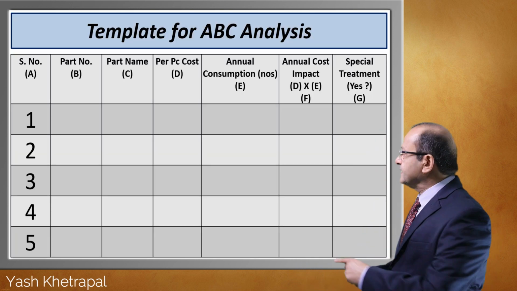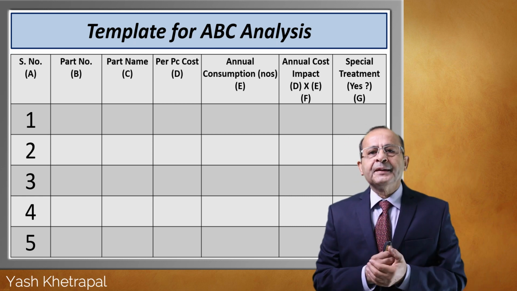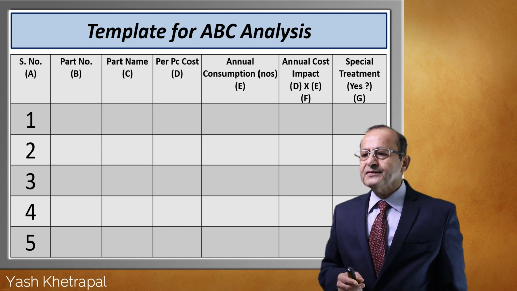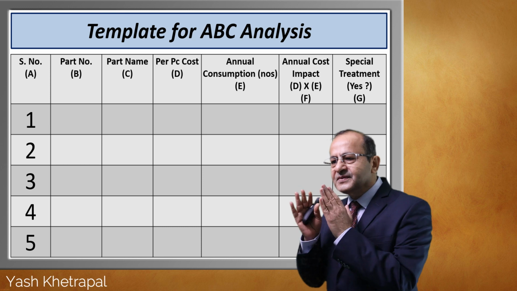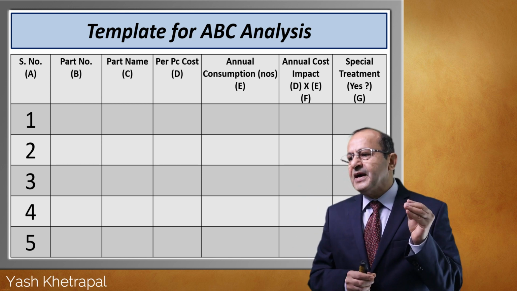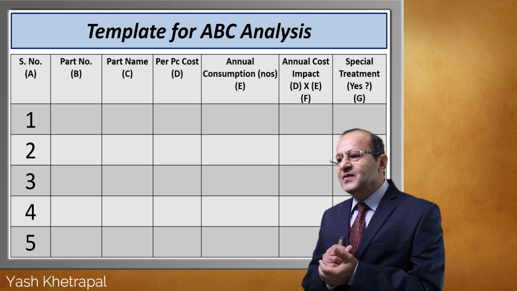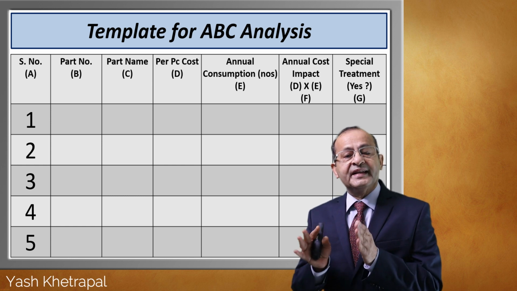Okay, now look at this table. We take an Excel file and create certain columns. Column A, serial number. Column B, part number. Column C, part name. Then column D, per piece cost. Column E, annual purchase volume, annual consumption in numbers.